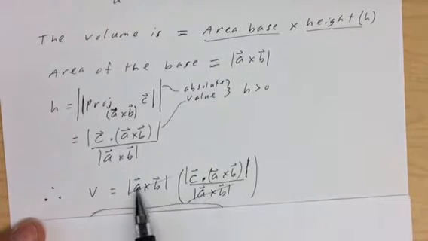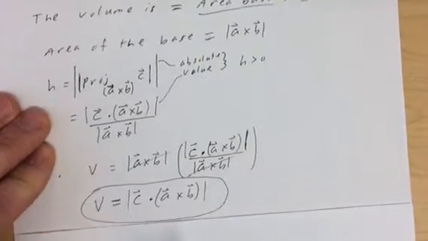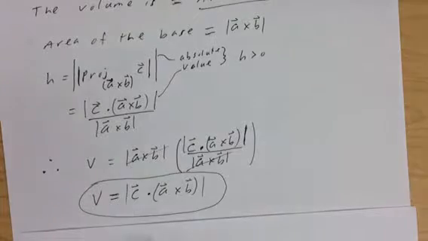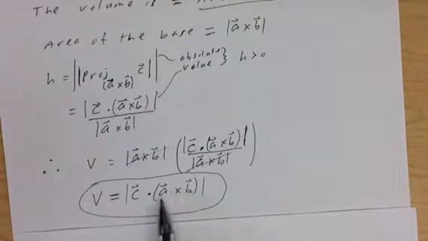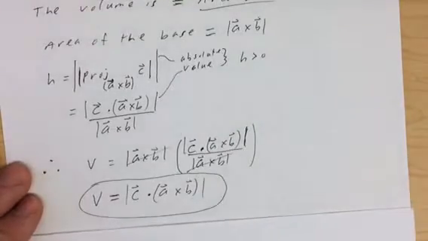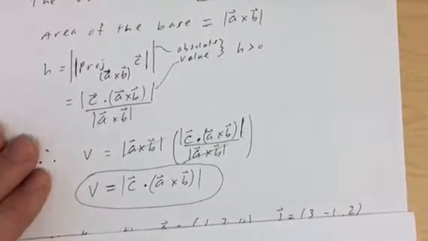Plug it in, and a cross b cancels out. We get this nice formula here where these lines mean absolute value. You do the cross product first of a cross b and dot it with c, and then you get the volume of the parallelepiped, called the triple scalar product.